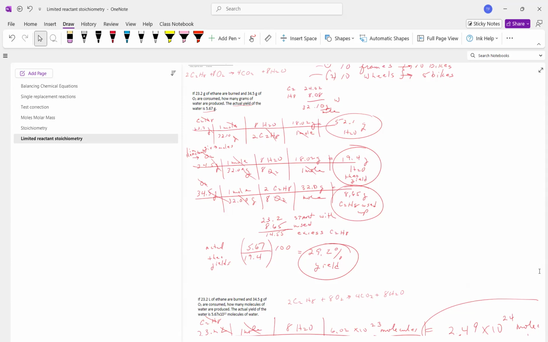Okay, we used up 8.65 grams of it. But we started with 23. So that's where the fourth calculation is: we subtracted how much we used from what we started with.